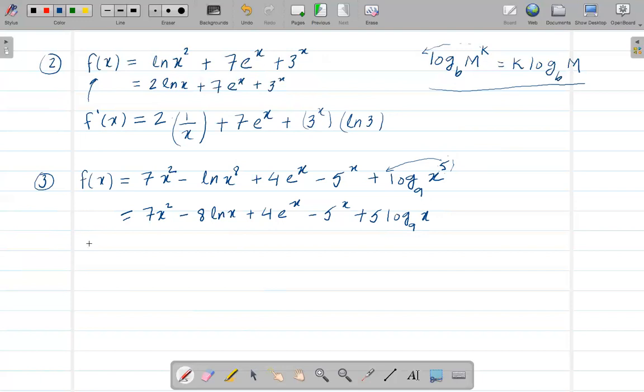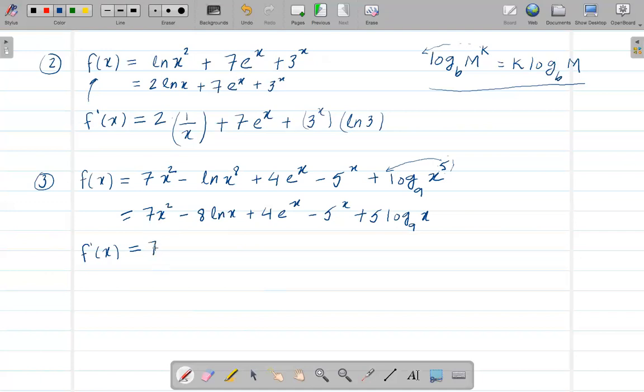So the derivative of f of x will be f prime of x. Now when we take the derivative of this, since we have a variable in the base, I can use the power rule for this one. So I can just bring this 2 down here.